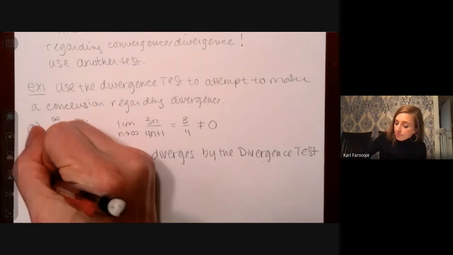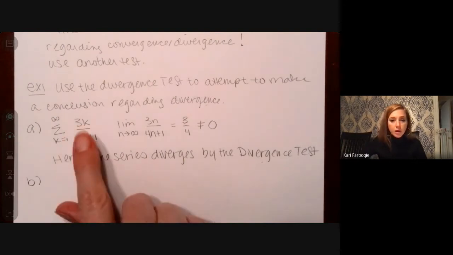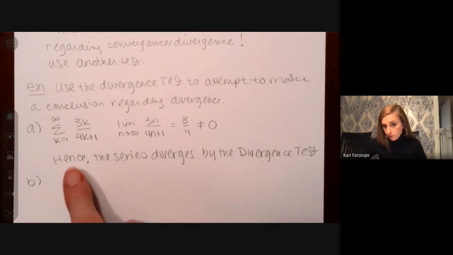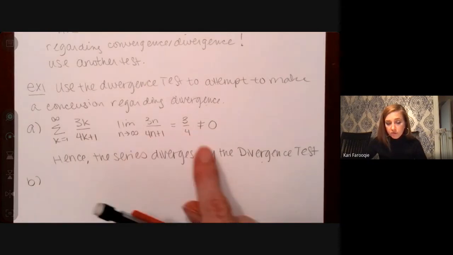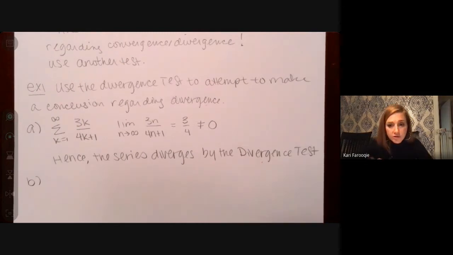Let's do another one. Oh, and by the way, when I made this conclusion, I don't need you to write complete sentences and do full explanations. What we're really working into today is using a test to make a conclusion and showing that test being used, showing the conclusion, and then just writing down what test you used. When I give you your exam over chapter 8, when I ask you about convergence or divergence of series, I'm going to ask you to tell me what test you used, and then show me your work using the test, and then make your conclusion.